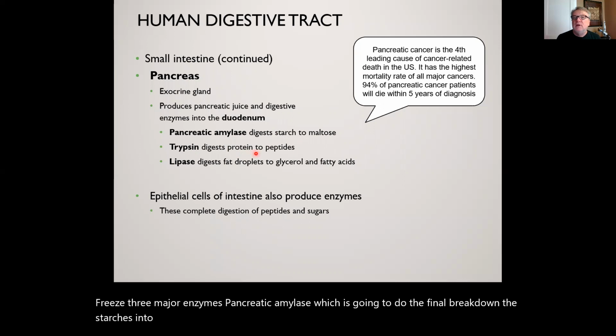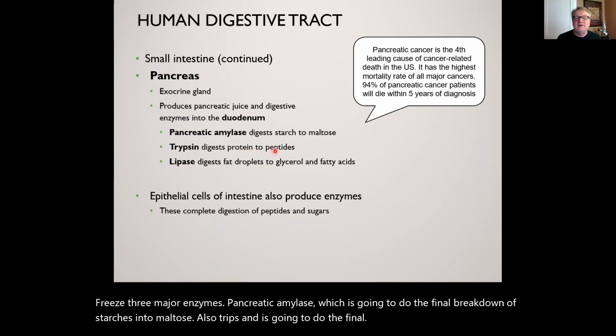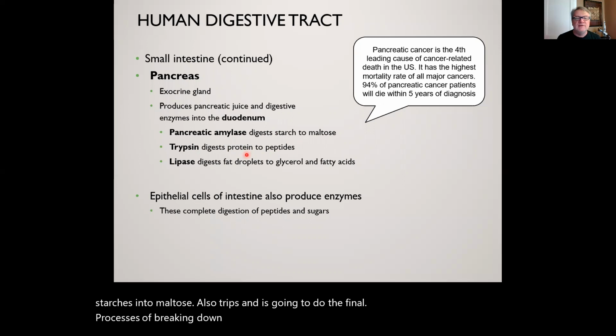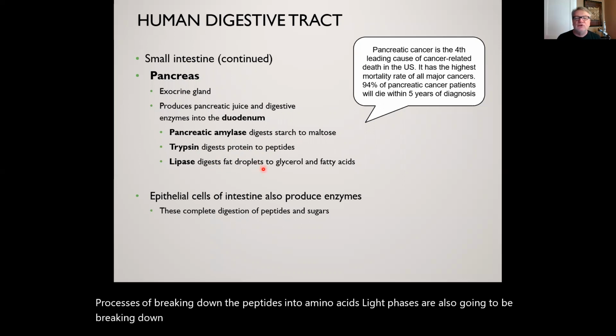Also, trypsin is going to do the final processes of breaking down the peptides into amino acids. Lipases are also going to be breaking down the fat droplets into the final components, which will be glycerol and fatty acids that are going to be finally absorbed into the body.